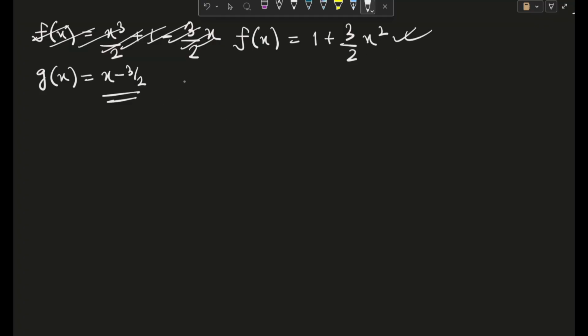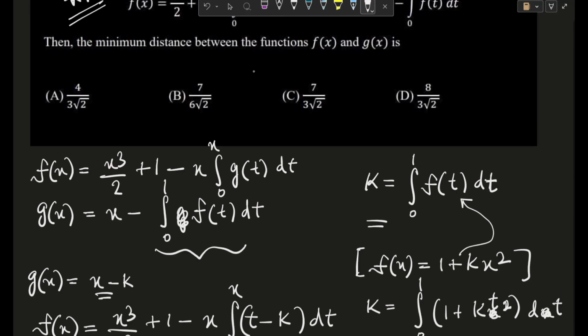So this is our g of x and f of x. I will give a read on to the question once, so you will understand better. Here we have to find the minimum distance between the functions f of x and g of x. Because we have a straight line, we have an advantage.